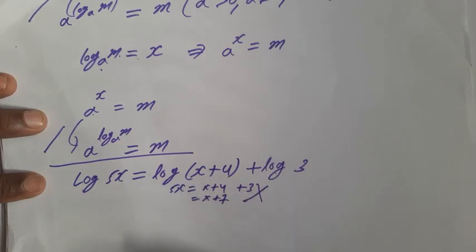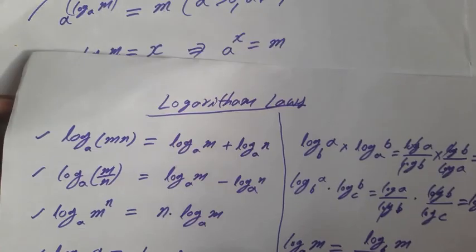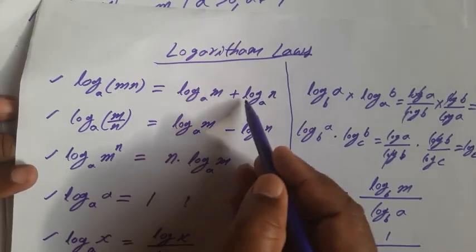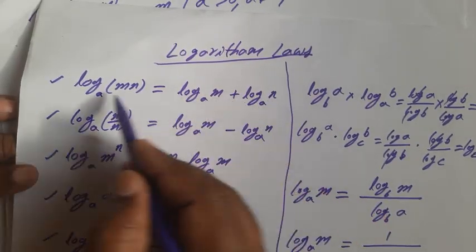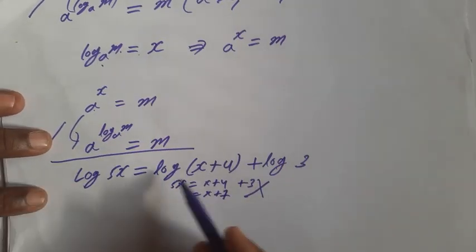This is wrong. What we have to do? Here we know, right? Log m plus log n equals log m into n. The same we have to follow.